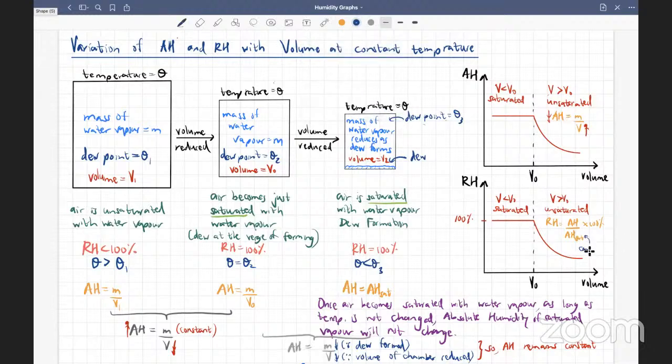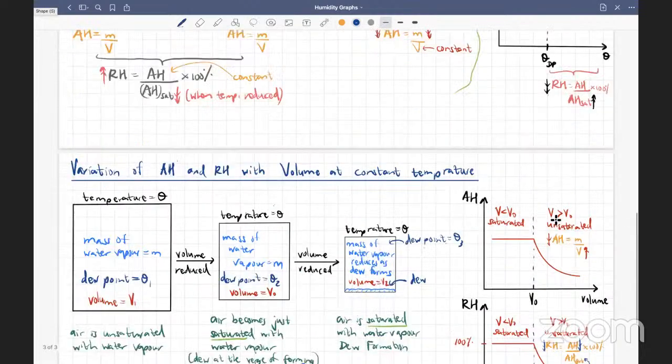As long as we don't change the temperature, AH saturated is going to remain constant. But when you increase the volume, AH is going to reduce. So RH will reduce just like the reduction in AH. Both graphs will have the same variation, same shape.